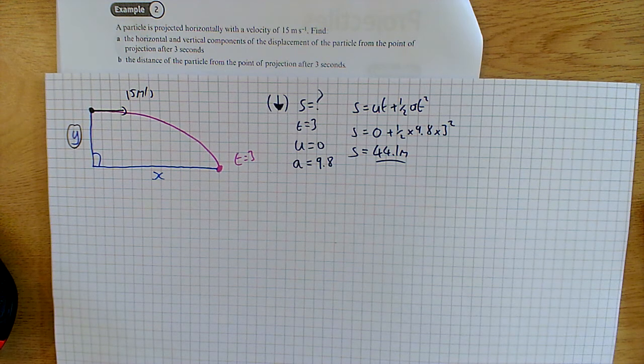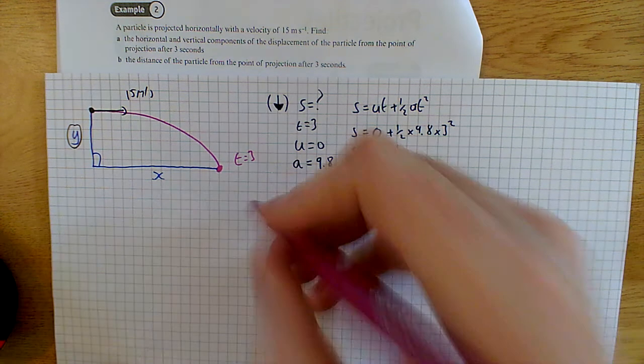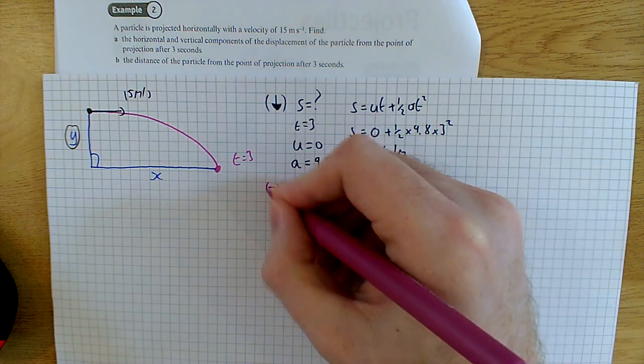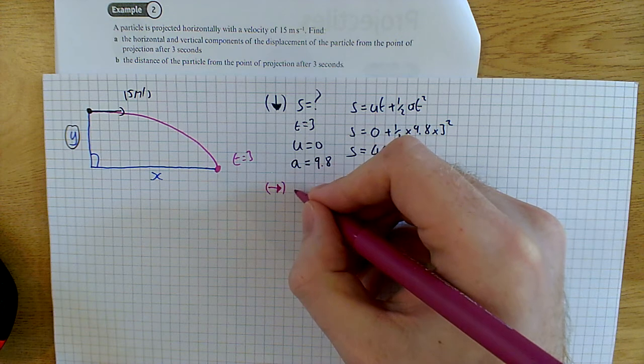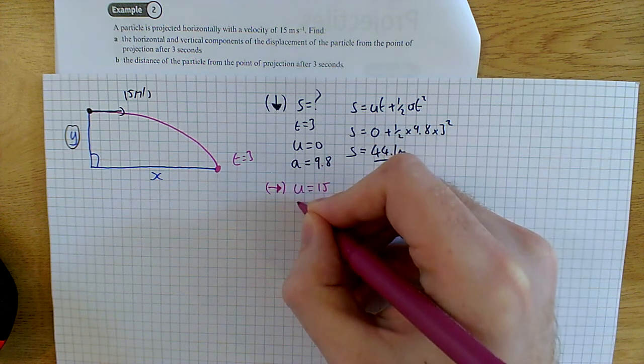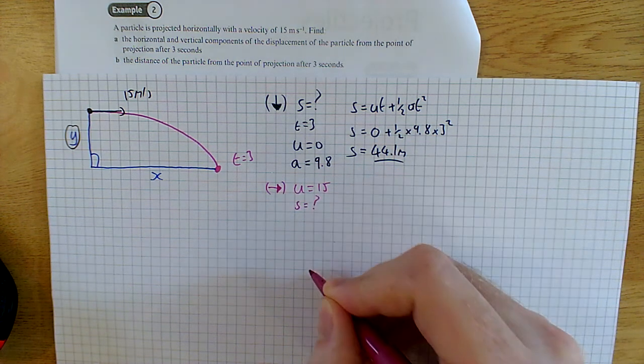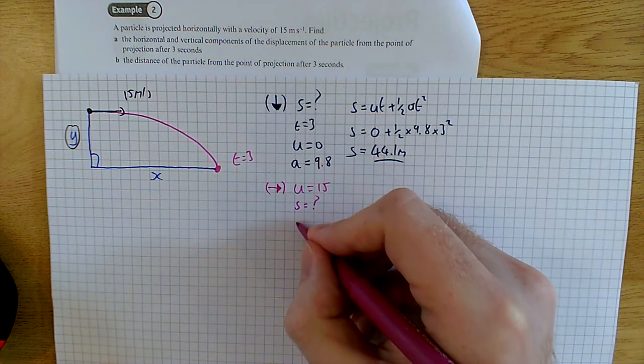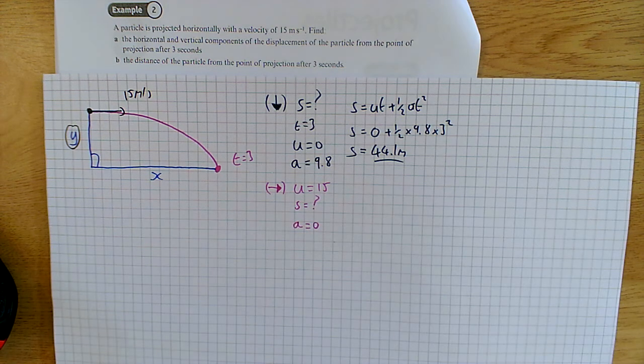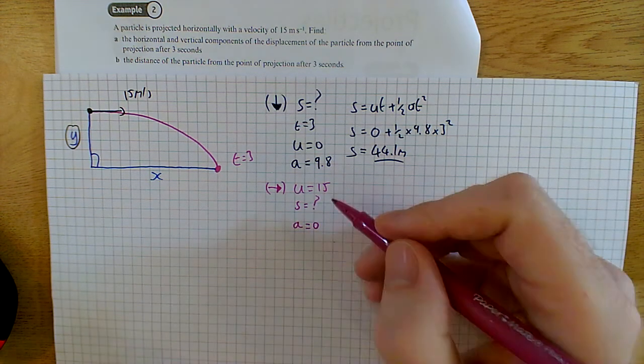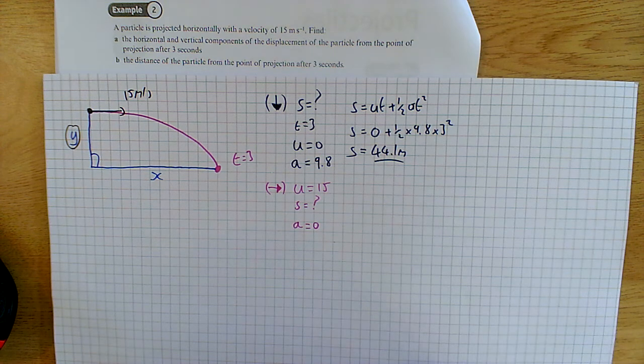For the other part, we're going to do exactly the same, but horizontally. Horizontally, we know that u was 15. We would still like to find s. We know the acceleration is 0 because horizontally the acceleration is always 0. Gravity does not affect the speed in the horizontal direction, so it will stay at 15 for the whole time.